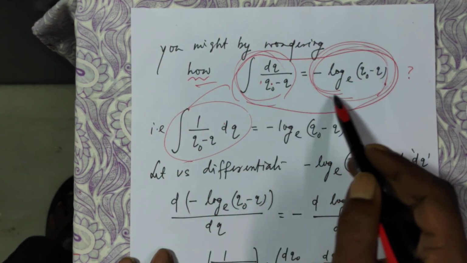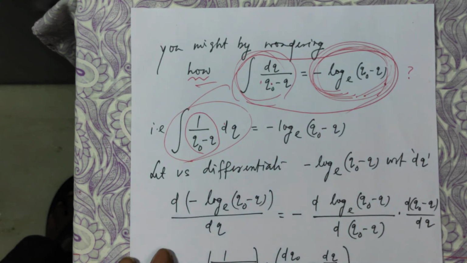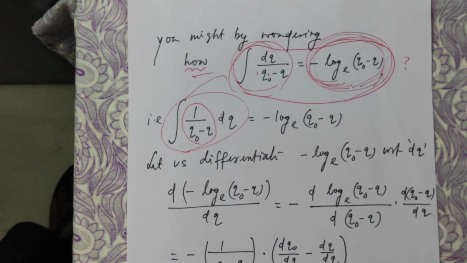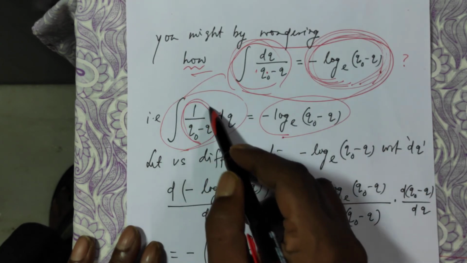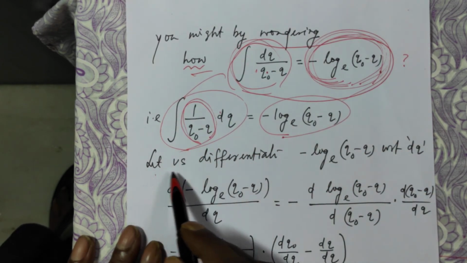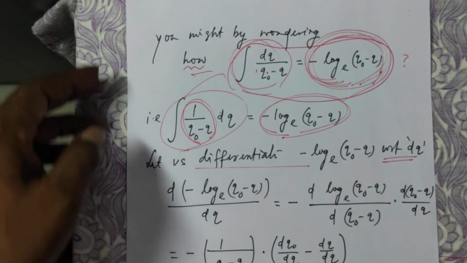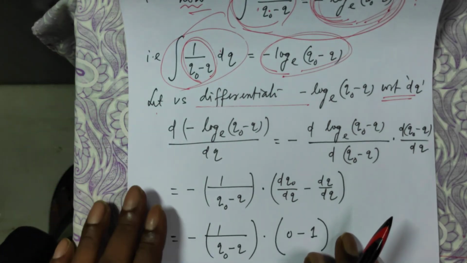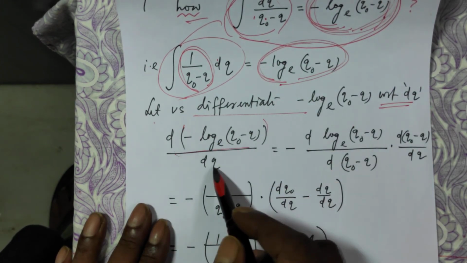If the integration of this is this, then the derivative of this must be equal to this. Let us check that. Let us differentiate this with respect to q. So that is what I am doing.